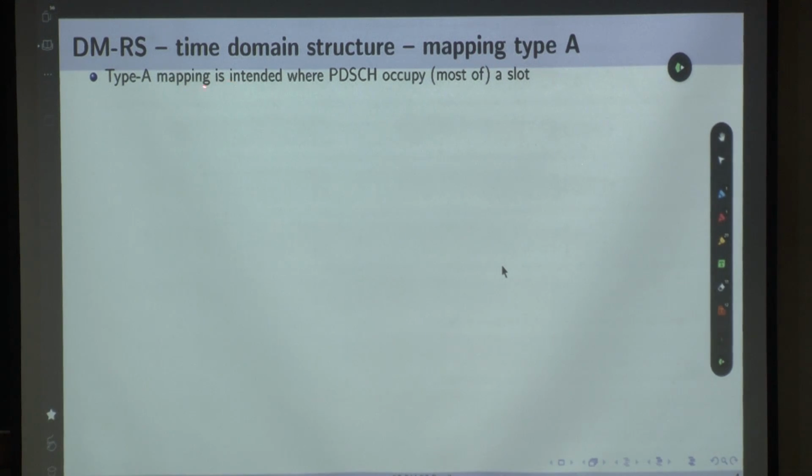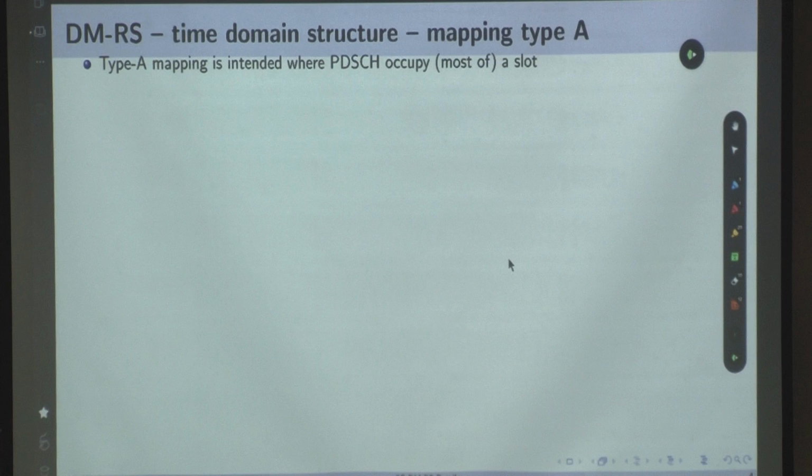And what am I saying here? The type A mapping is intended for when PDSCH occupies most of a slot. The data is such that the PDSCH occupies the complete slot or most of it.